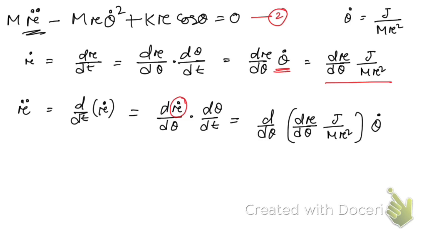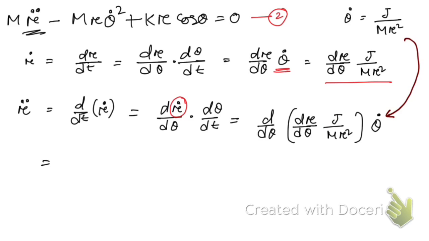Now you see, again this theta dot will be replaced by this result. Now this theta dot will be replaced by this result. So from here, let me put this one here. Then here you see, this j by m can be taken outside the differential.